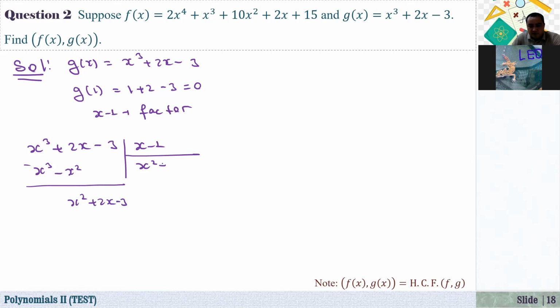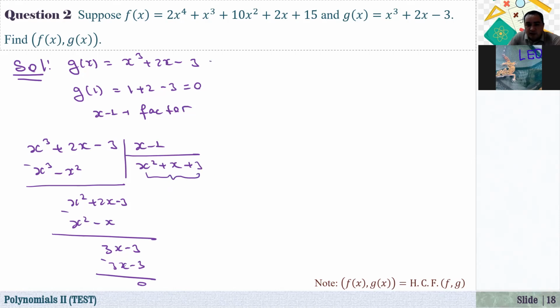Again, divide by x: x times x is x squared minus x. Subtract, and we have 3x minus 3. Divided, it is plus 3 times x minus 1, so 3x minus 3 is equal to 0. So this is a factor, right?